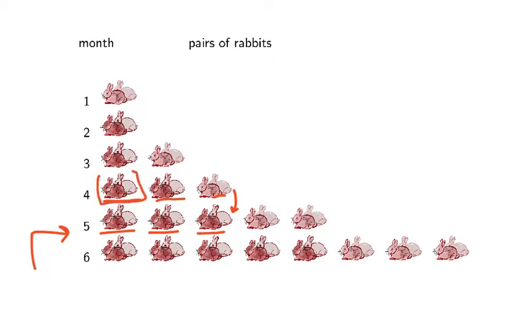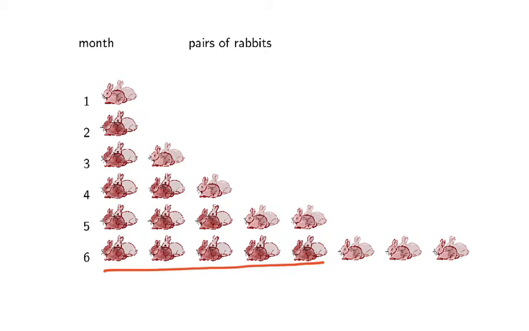And also these pairs here that were producing rabbits are still producing in this month. So in month 6, again, we have all the ones that we used to have. They are still there, only that the ones that were not mature become mature in this month. And the other 3 that were producing rabbits still produce 1 pair each.